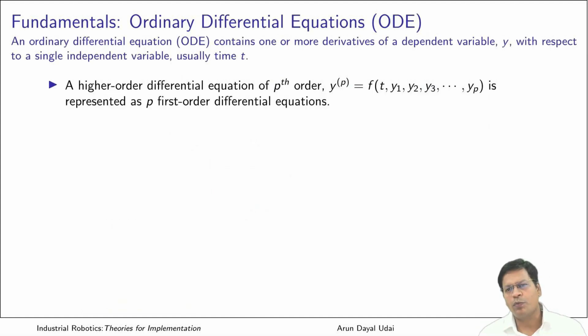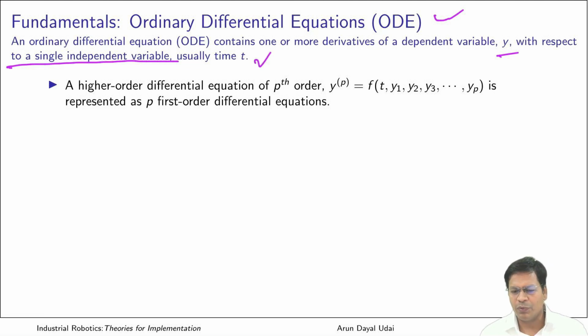Before we move further to state space representation, let me familiarize you with ordinary differential equations and what we are going to use them for. An ordinary differential equation contains one or more derivatives of a dependent variable, that is y, with respect to a single independent variable, usually time in the case of physics based systems like ours, like a robot.